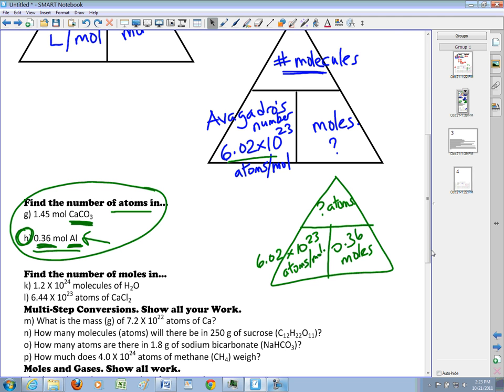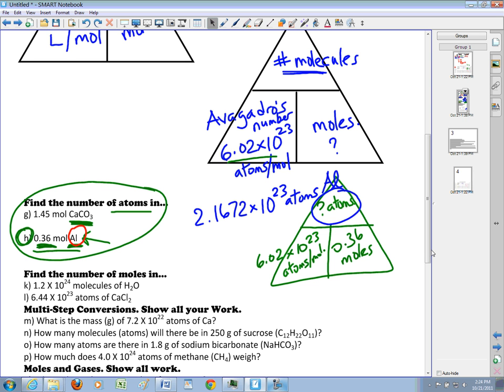And because there's only a single atom type here, all there is aluminum, it's going to be as simple as taking 0.36 on my calculator and multiplying it by 6.02 times 10 to the 23rd. And you get the big numbers here. The number of atoms is equal to 2.1672 times 10 to the 23rd, and that is atoms of aluminum.